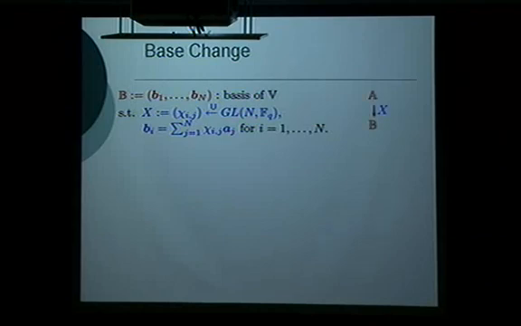So this is the canonical basis, and we apply a random linear transformation. Then we can obtain a random basis.